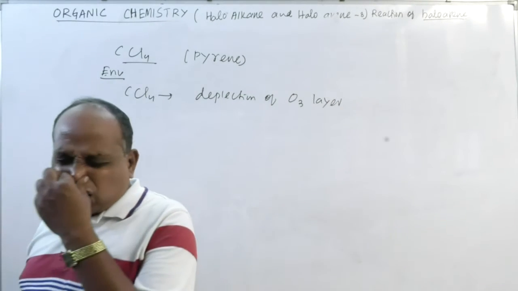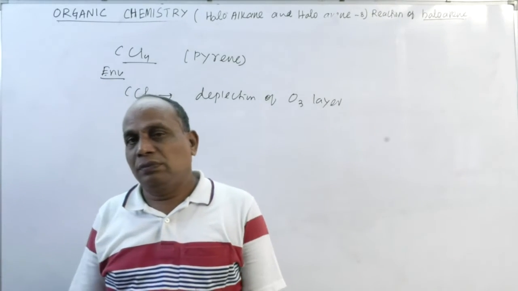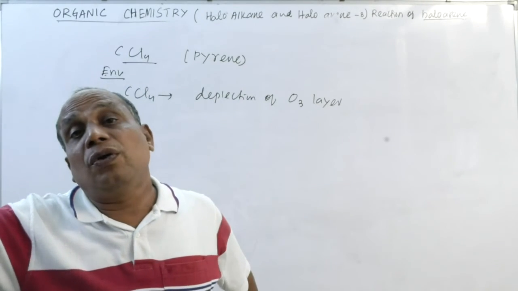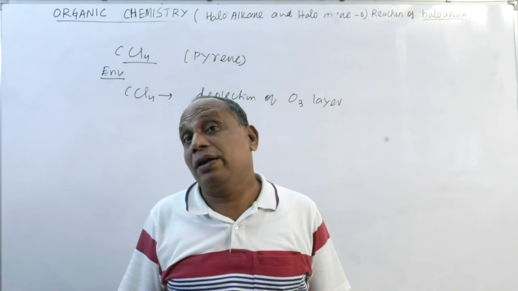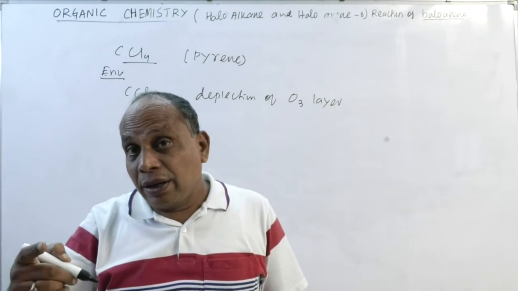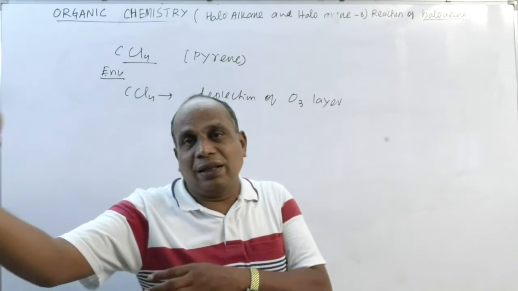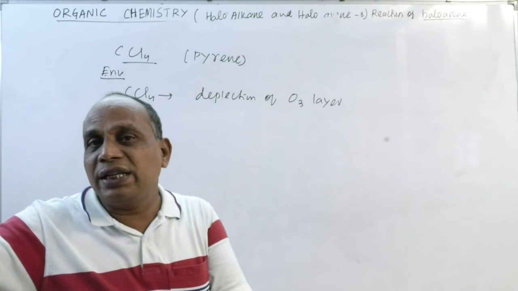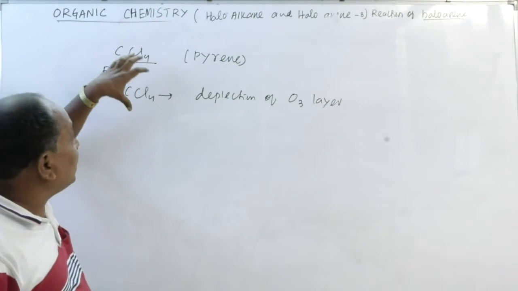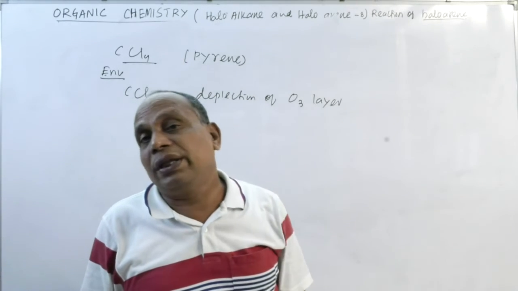You know, in the stratosphere there is a layer of ozone which covers the earth just like an umbrella from ultraviolet rays from the sun. The ozone layer filters the UV radiation, but any trace quantity present in our atmosphere can destroy the ozone layer.